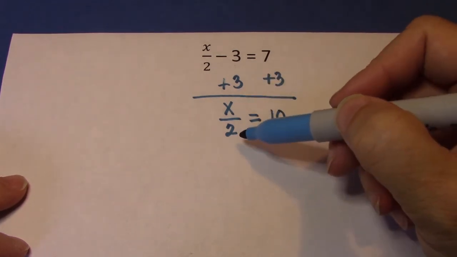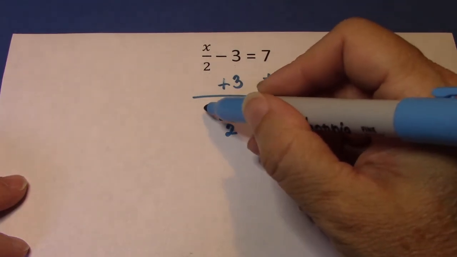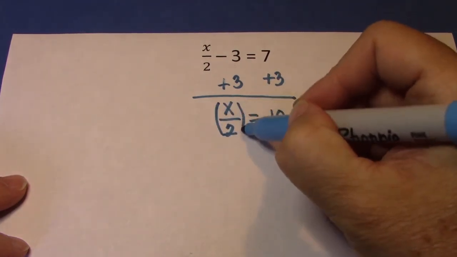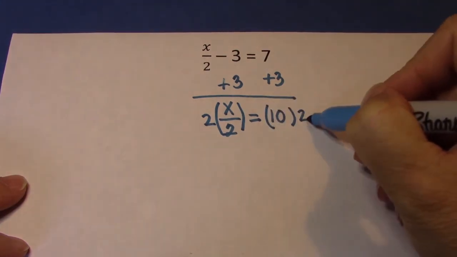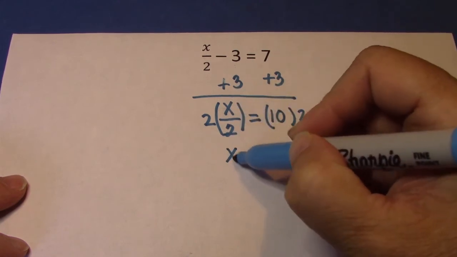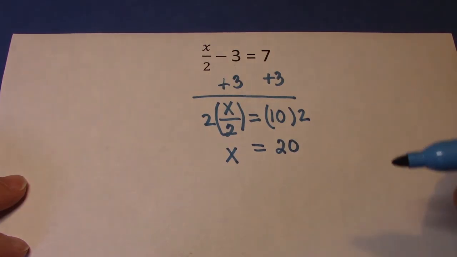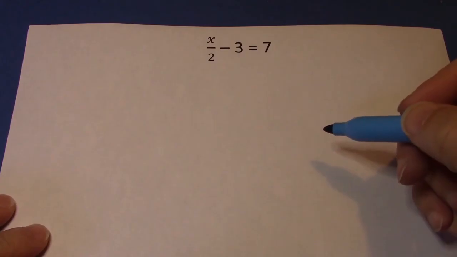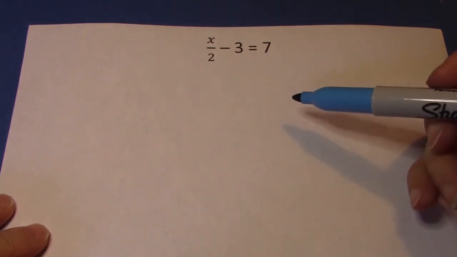Now x is being divided by 2, so we're going to multiply both sides by 2. That makes this essentially cancel out, and we are left with x on this side equals 20.